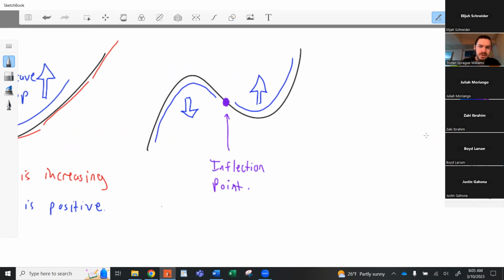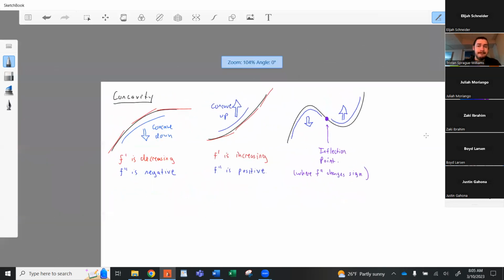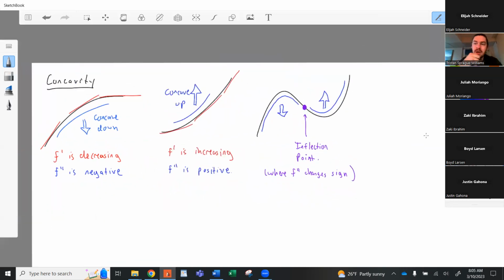This occurs where the second derivative changes sign.